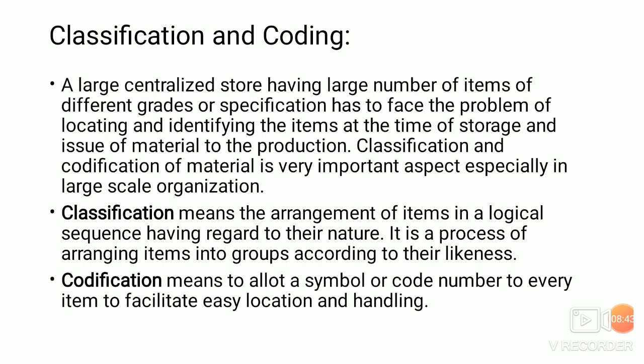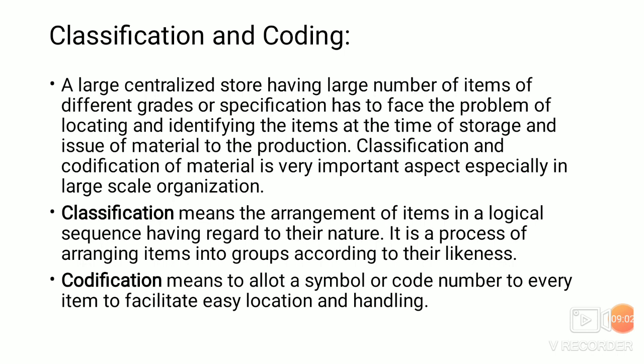Classification means arrangement of items in a logical sequence having regard to their nature. It is a process of arranging items into groups according to their likeness. And codification means allotting a symbol or a code number to every item to facilitate easy location and handling.